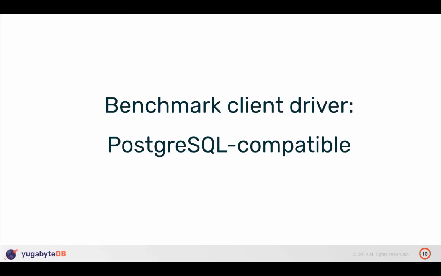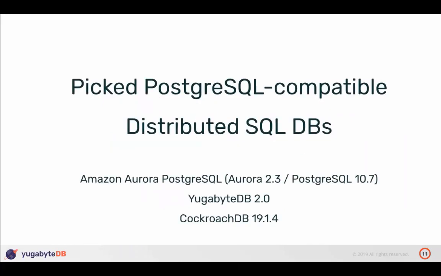So naturally, we picked Postgres SQL compatible distributed SQL databases to benchmark against. And these were the three that were fully Postgres SQL compatible: Amazon Aurora Postgres SQL, YugaByte DB, and CockroachDB. And they're all fairly the most recent versions that were picked. That's exactly what you would use if you go use it at this point.